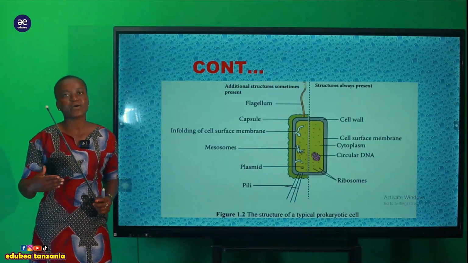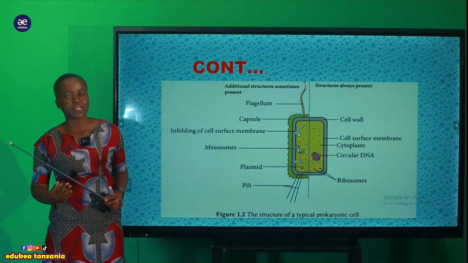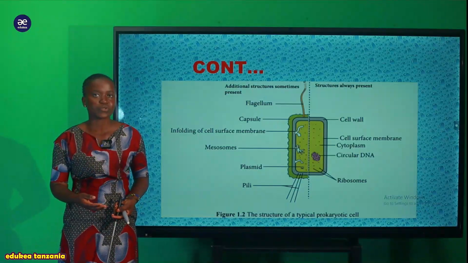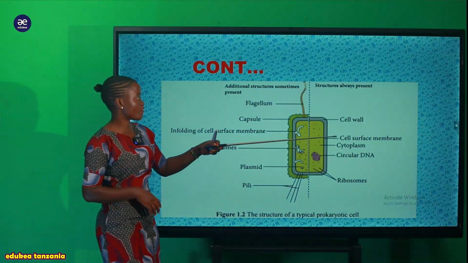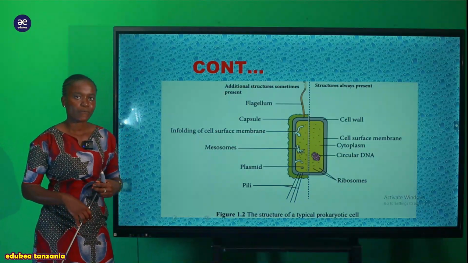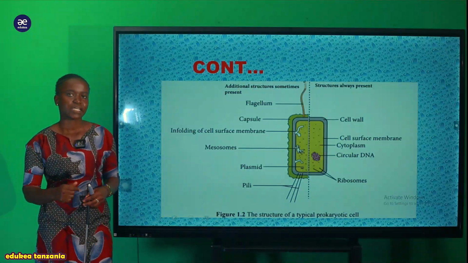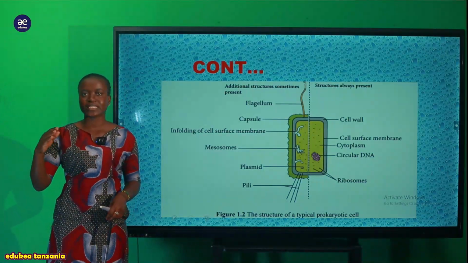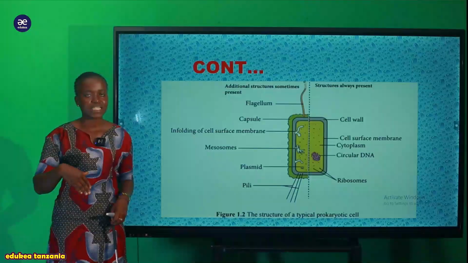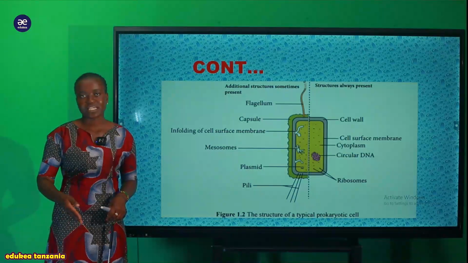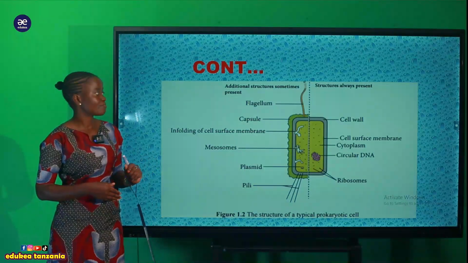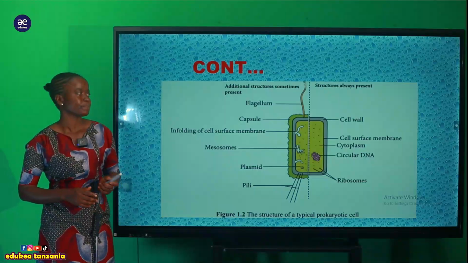Kwenye mazingira ambayo sio rafiki kwao, wanaweza kusustain, wanaweza kuishi. Kwa sababu gani? It's because this cell wall helps them to protect. Even if they are in hypotonic or hypertonic conditions, in any kind of host, they can survive because of that cell wall.